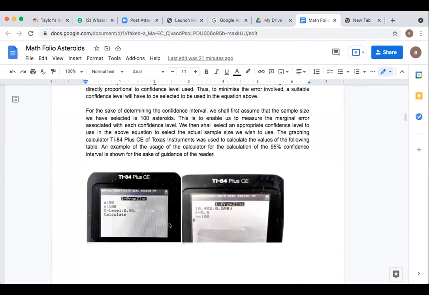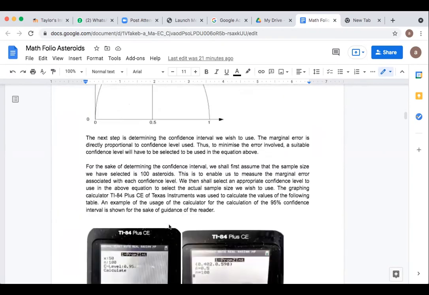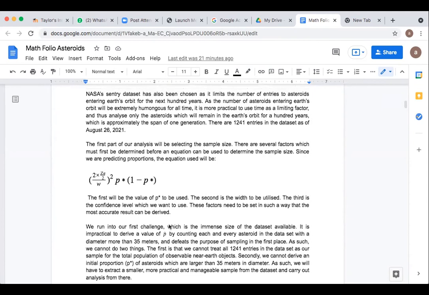Okay. Hold on. I have a question for you. Do you give a reason? I think I have responded to you on this. Did you give a reason why you chose the width?